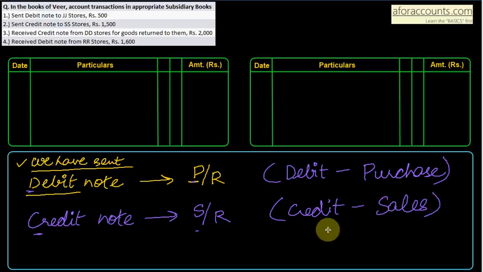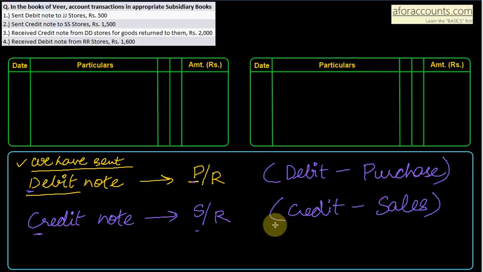So if in the question it is said that I have received a debit note, so just think, if I have received a debit note, I should have sent a credit note, opposite of it.